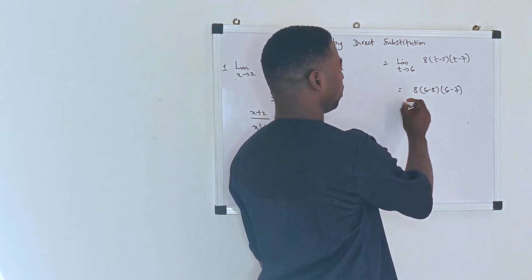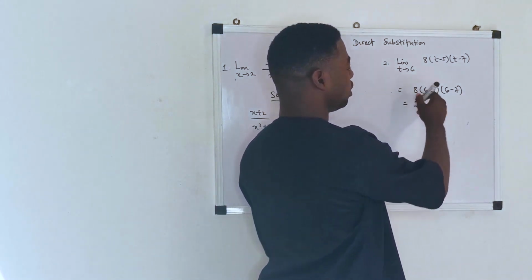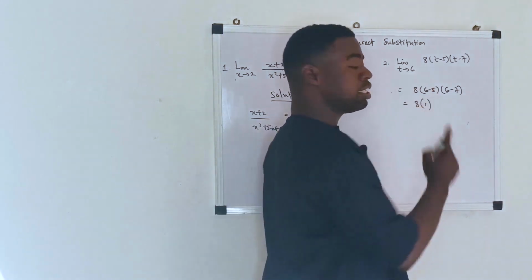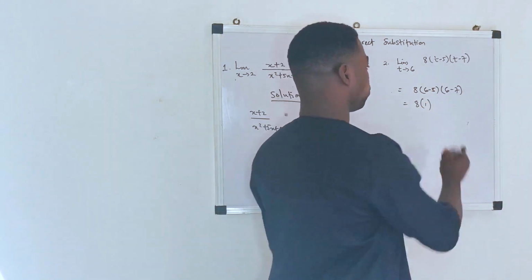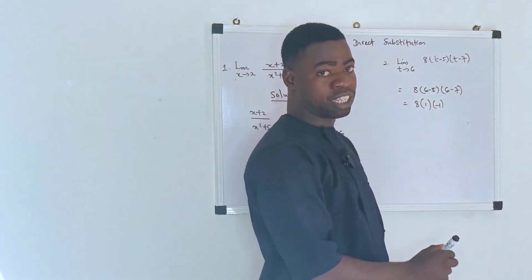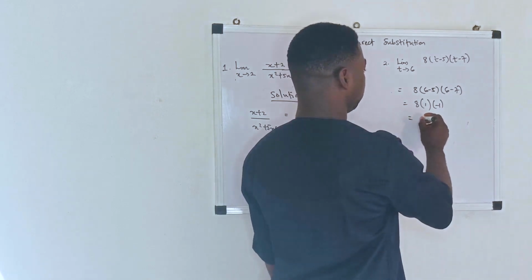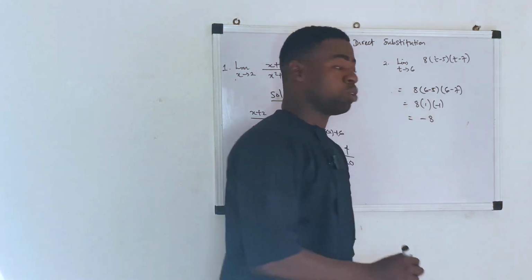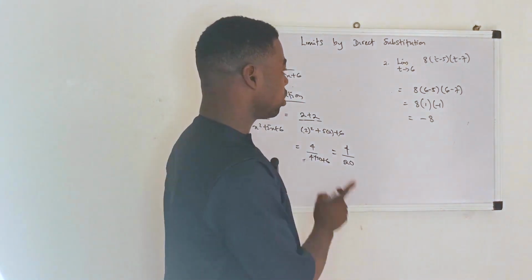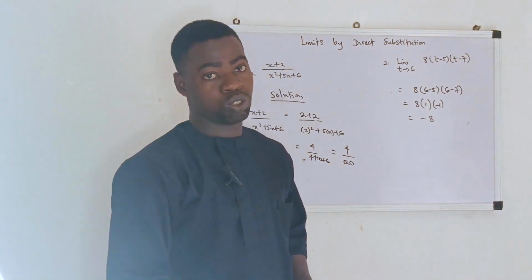Simplifying further, this becomes 8. 6 minus 5 is what? 1. And 6 minus 7 is what? Minus 1. So you take the products of what you have at hand, and then you get minus 8, because 8 times 1 is 8, and 8 times minus 1 is minus 8. So that's the solution to the question on the board.